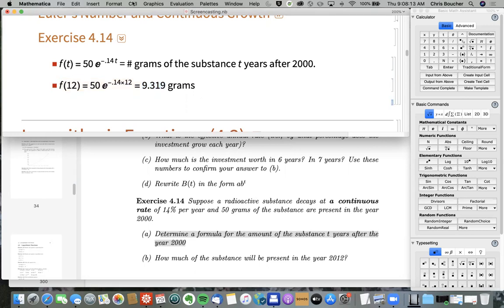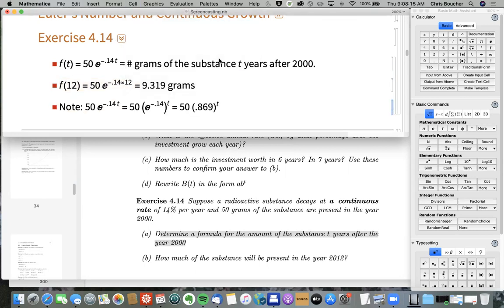And we noted last time that we can go from continuous growth form to per time unit growth form fairly easily. I just use properties of exponentials to say that e to the minus 0.14t is e to the minus 0.14 raised to the t power, because when you do a power to a power, you multiply the exponents.